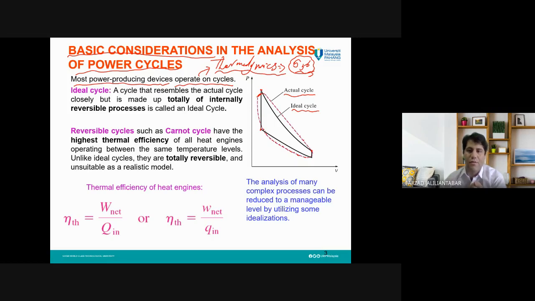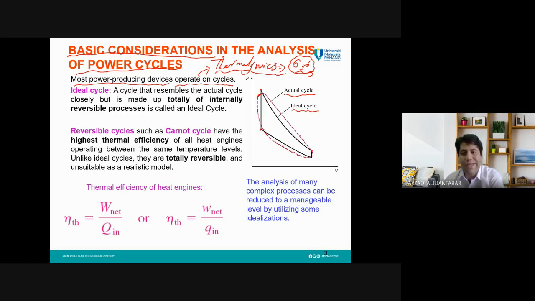And to analyze the cycle, this is the actual cycle. If you remember in the PV diagram, the area under the curve will give us the amount of work done during that cycle. But if we just use the actual cycle, it is not that easy to calculate that.